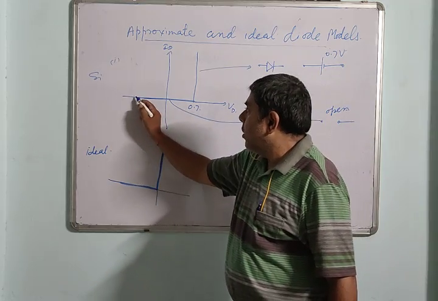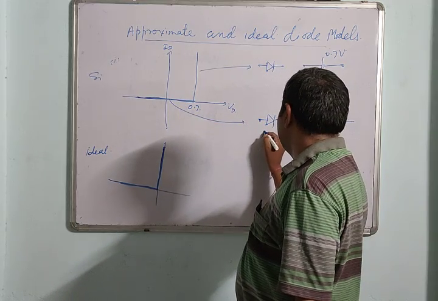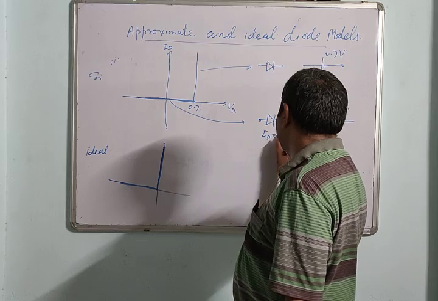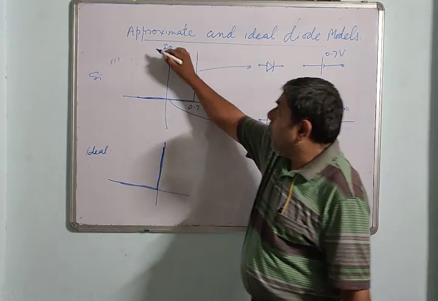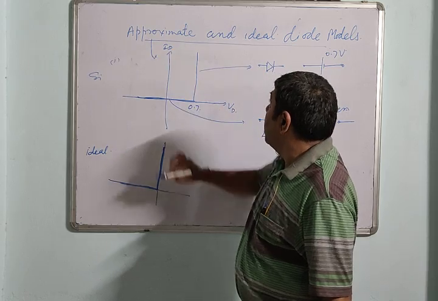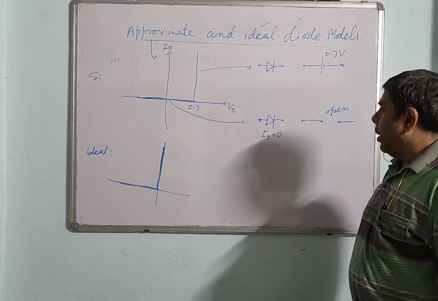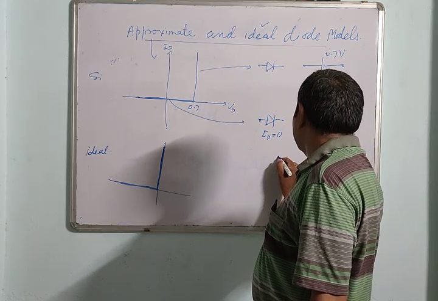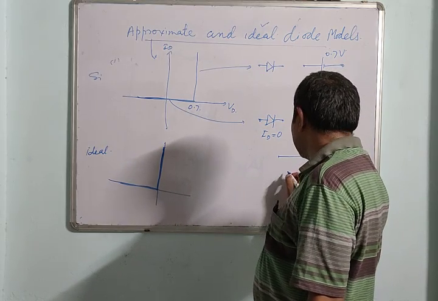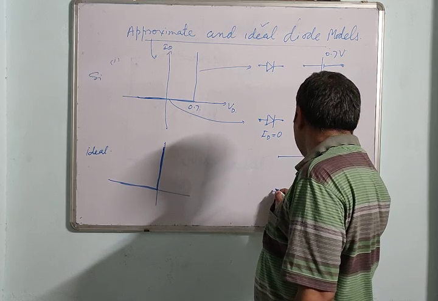So from here to here, this current is 0. In approximate model, this one is approximate and second one is the ideal. In the ideal model, you have a short circuit in forward bias and open circuit in reverse bias.